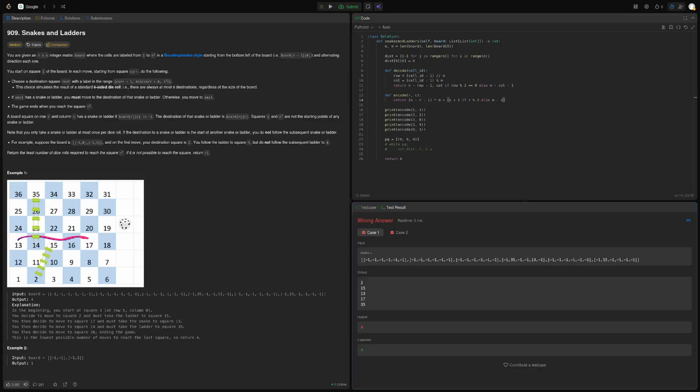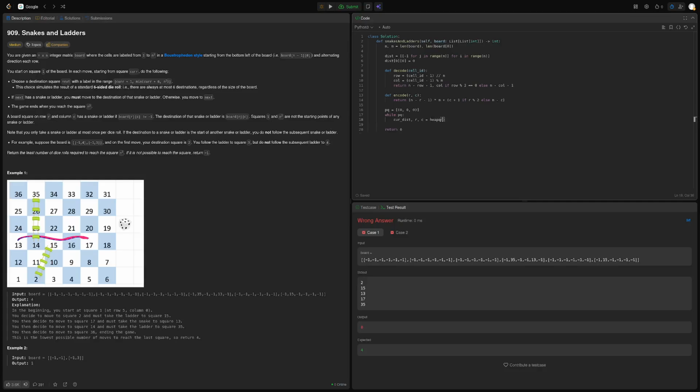So 2, 15, 13, 17. Wait, 3 2. That's this, that's 15. 3 0, 13, 17, and then 35. Okay, so encoder also works. Now we are here. It's PQ 0, no.